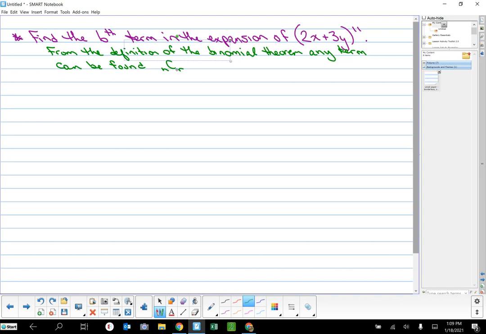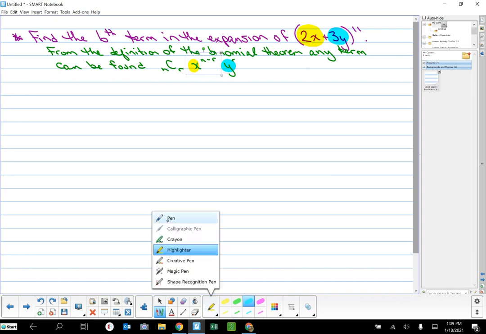So that's going to be our coefficient, x to the n minus r and y to the r. Now you have to be a little bit careful here because I'm going to do a little bit of highlighting. The x is actually this whole thing. So you have a 2x is the x, and we'll make these distinctly different. The y is this entire 3y. So I'll point out how that's going to get thrown in there when we do this.